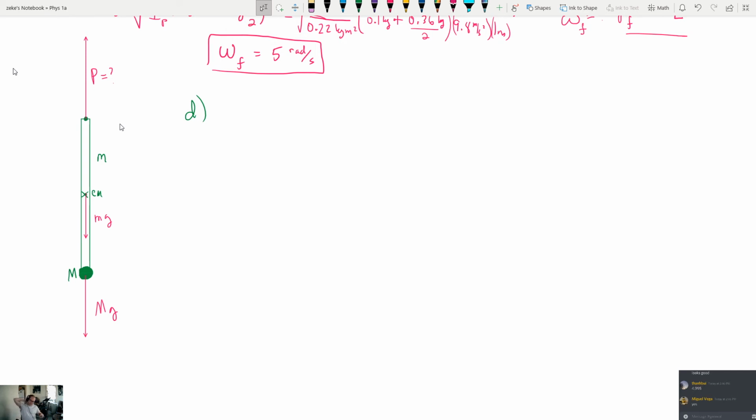So, what do you all think? How should we go about doing that? How should we find the force at the pivot? Sum all the torques.